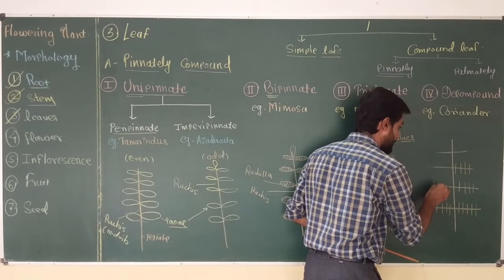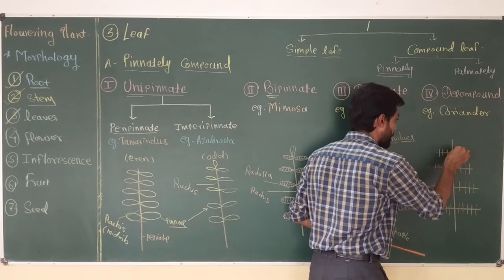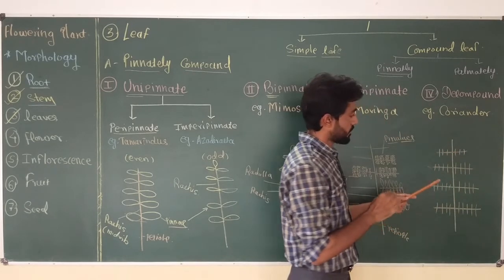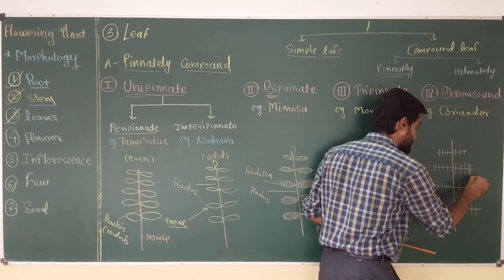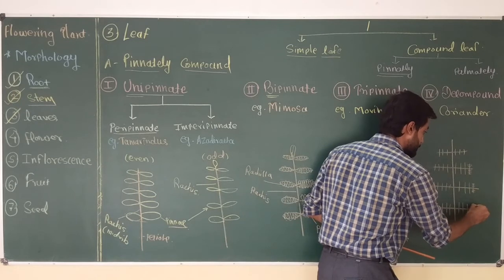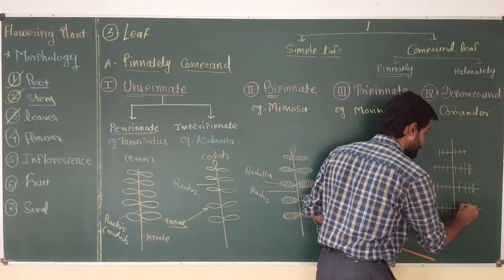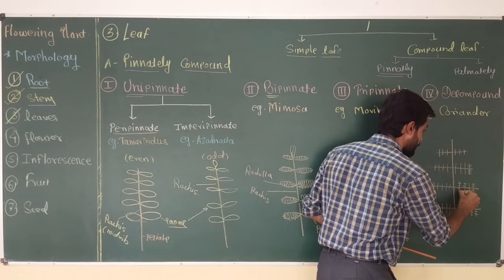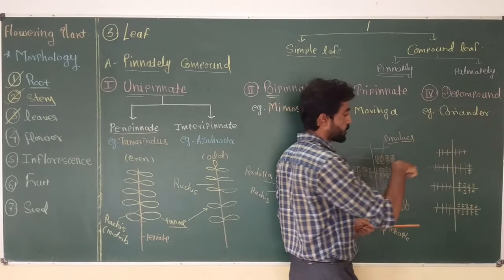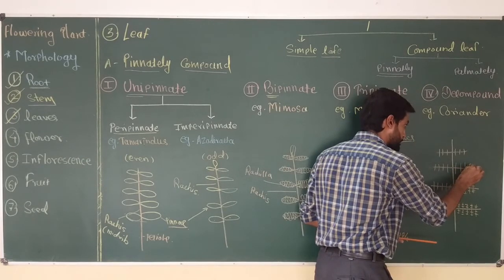Each branch is nothing but the leaflet, and due to the next incision again branches are produced like this. And due to the fourth incision, now this branch again has small structures.